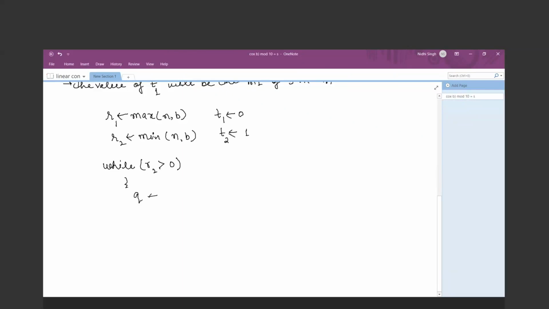First you have to find the quotient, that is R1 divided by R2.